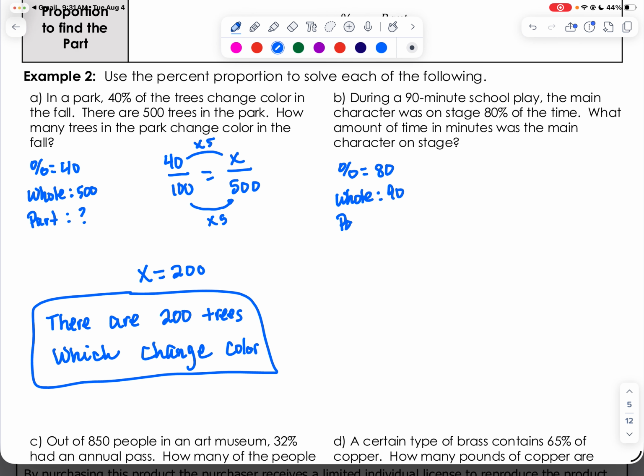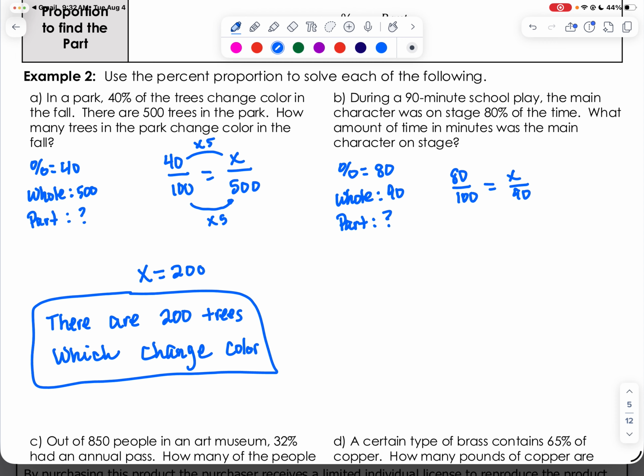What we're trying to do is determine the part. How long was the main character on the stage? Because he wasn't on stage for the entire 90 minutes. He was only on stage for 80% of the time. So our percent proportion would be 80 over 100 equals X over 90.